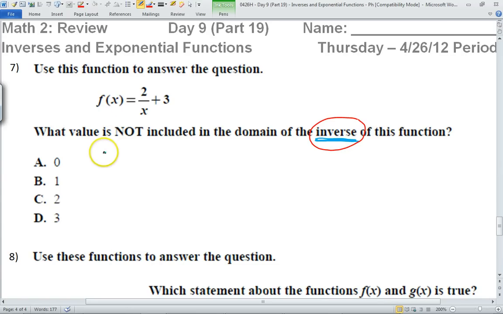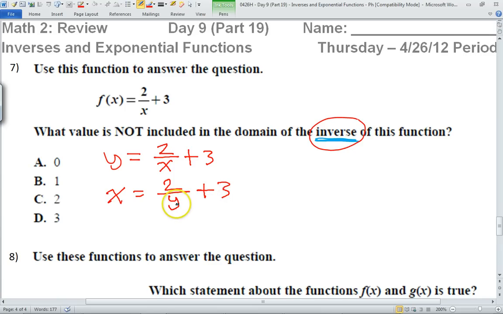So immediately we would write it as y equals 2 over x plus 3. Now we have to switch the x and the y and solve for y. So if we do that, switching the x and the y, we get x equals 2 over y plus 3.